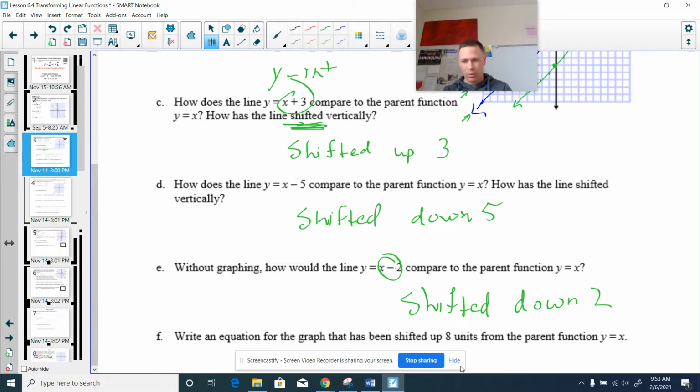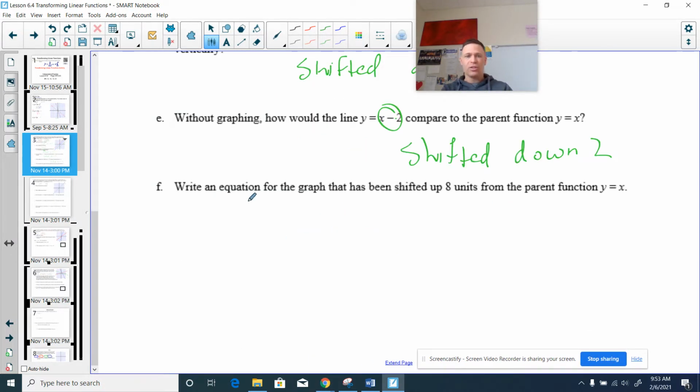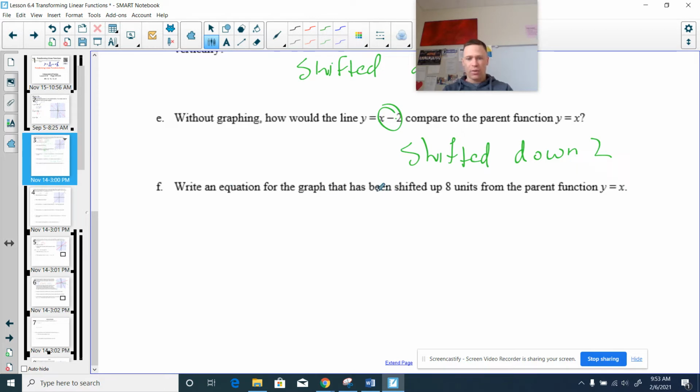And to that point, I'm going to move this for a second. The page says, write an equation for the graph that has been shifted up 8. So now we're asking, what if a graph shifts up 8? What would that equation look like? We're not changing the slope, so it's still y equals 1x, or y equals x.